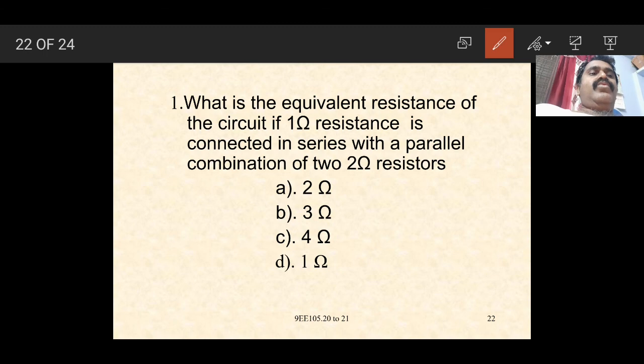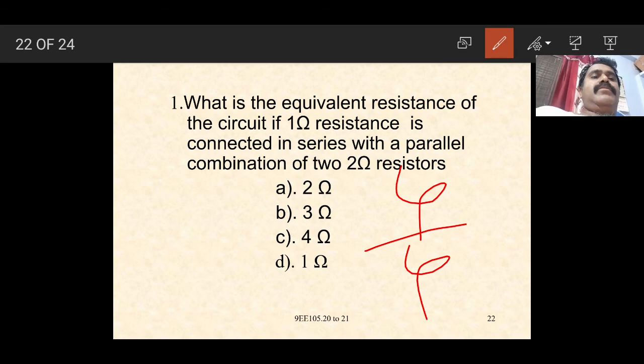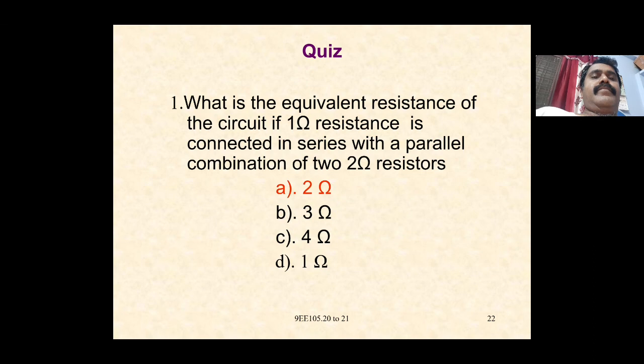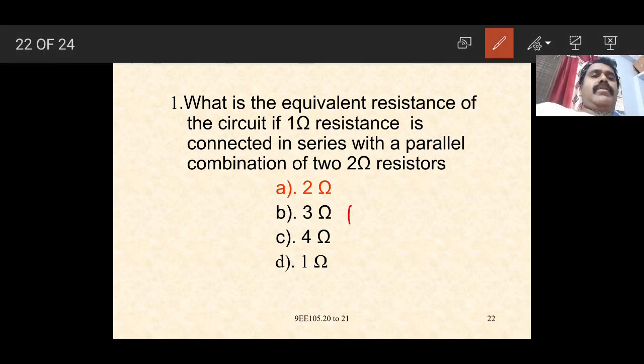Again we can do it here: the 2 ohms are connected in parallel, that is 4 divided by 4, which gives 1 ohm. So it is 1 plus 2 into 2 divided by 2 plus 2.